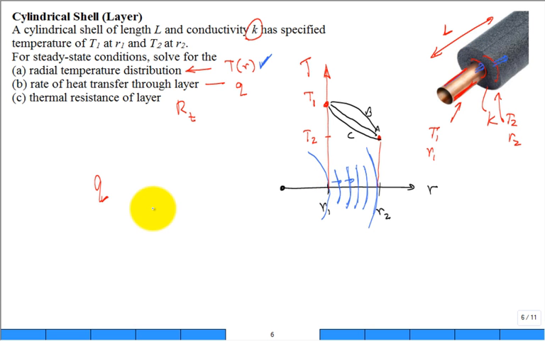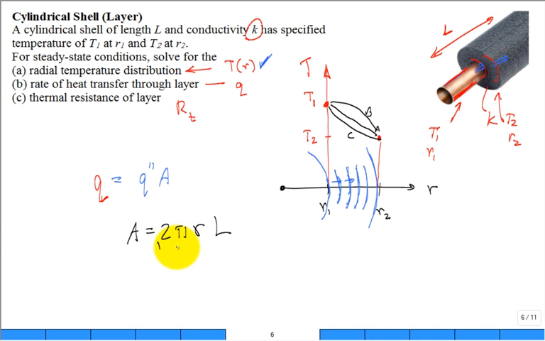But isn't Q the product of q double prime and A? Let's talk about the area. As I go from R1 out to R2, is the area through which the heat is being transferred increasing, decreasing, or staying the same? Increasing. So what does the area do? It's 2 pi r times L. L is that length in the axial direction.